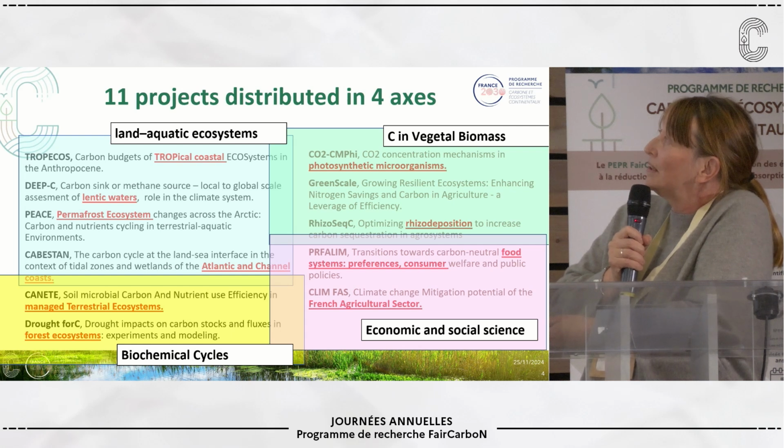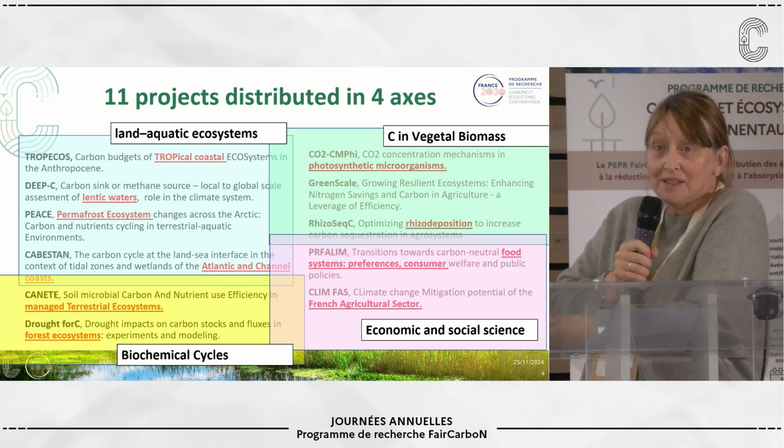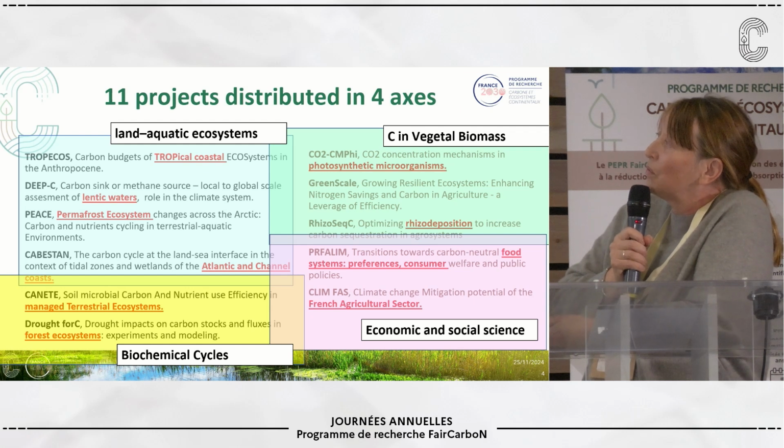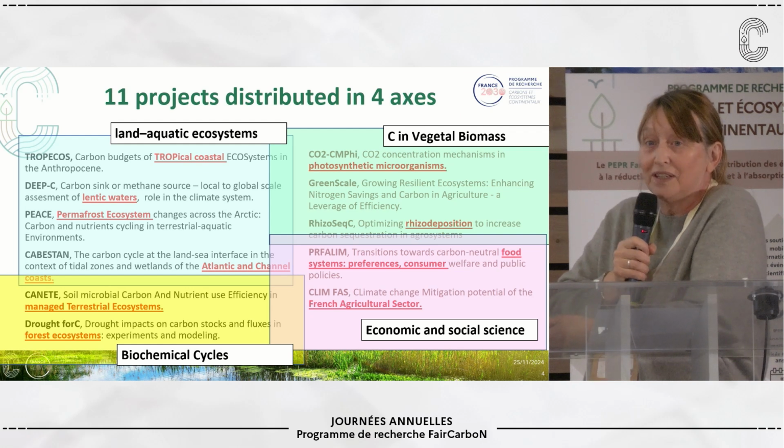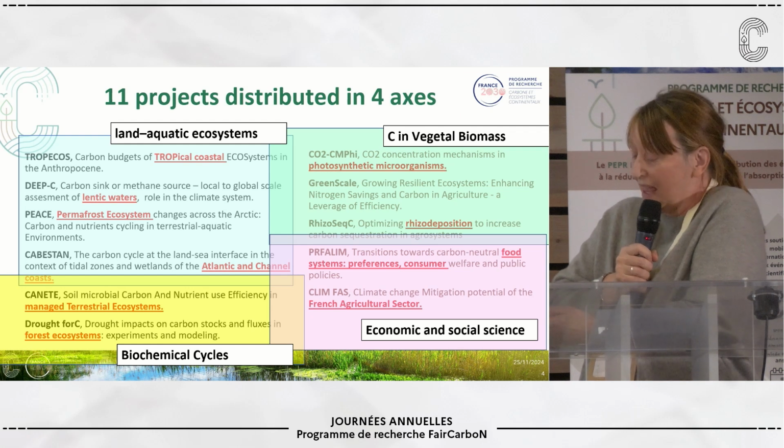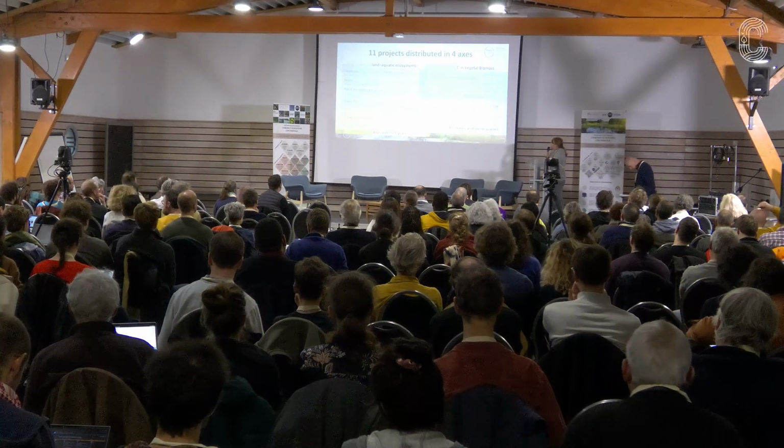The first one is about food consumer preferences, and the last one asks how public policy can act on the decrease of greenhouse gas emissions in cultivated ecosystems. So that's it.